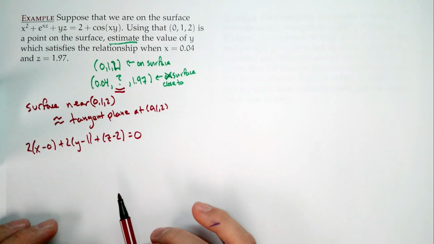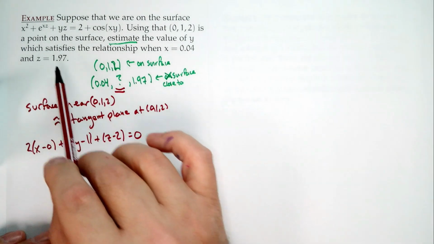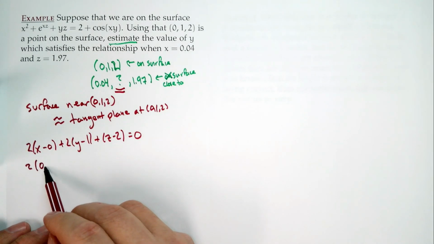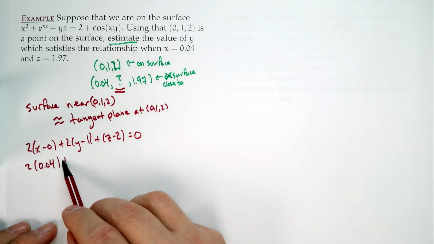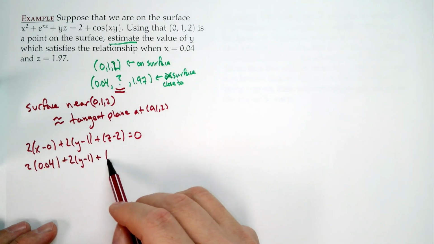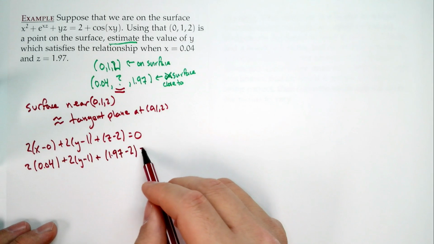So what do we have? Well, we're going to plug in what we know: 0.04 for x, 1.97 for z. So 2 times (0.04 minus 0) is 0.08, plus 2 times (y minus 1), plus (1.97 minus 2) should equal 0.